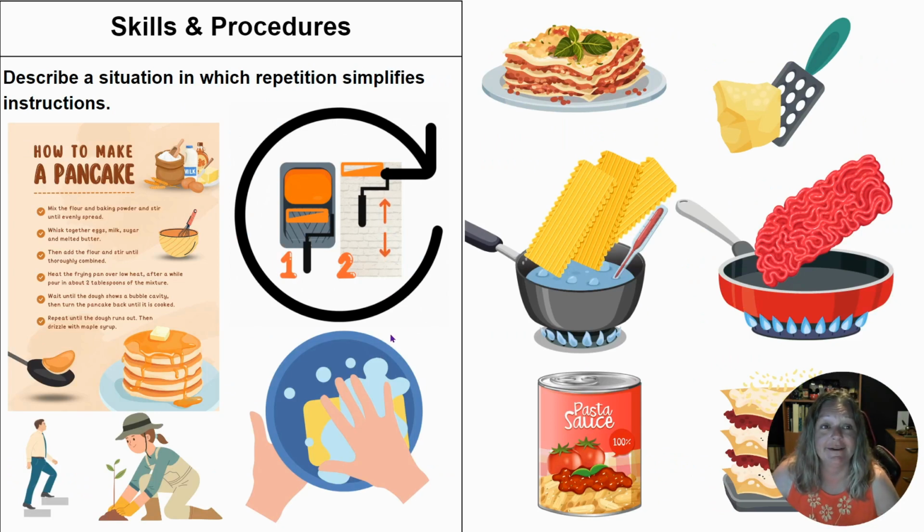Another skill is to describe a situation in which repetition simplifies instructions. I could find quick, very easy ways to tie this specifically into computer coding. At grade 2, you're probably not doing a whole ton of computer coding, though if you are, definitely loops and repetition comes in early on, whether you're doing block-based programming or if you're using some type of little robots or something.